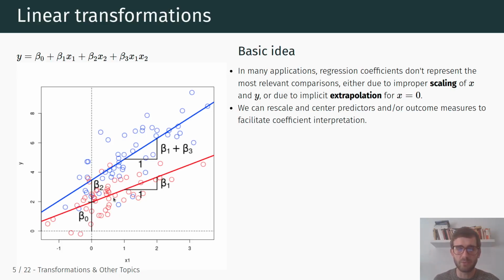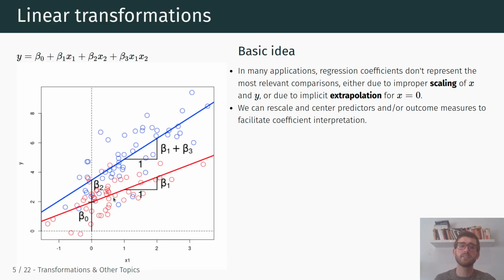We had examples where we looked at IQ scores as a predictor, and obviously no IQ measure ever takes the value of 0. It ranges between 70 and 130 or something like that.